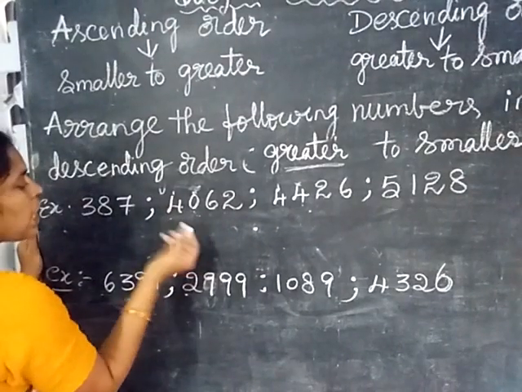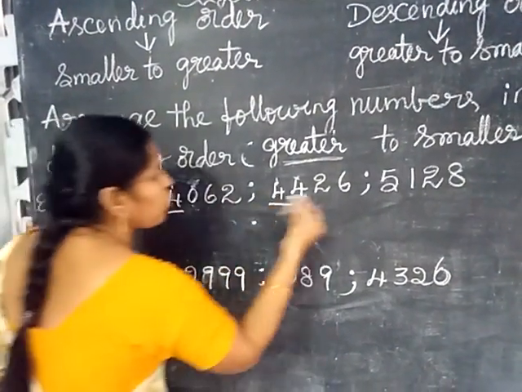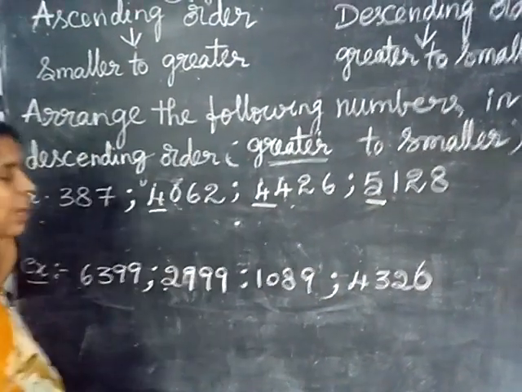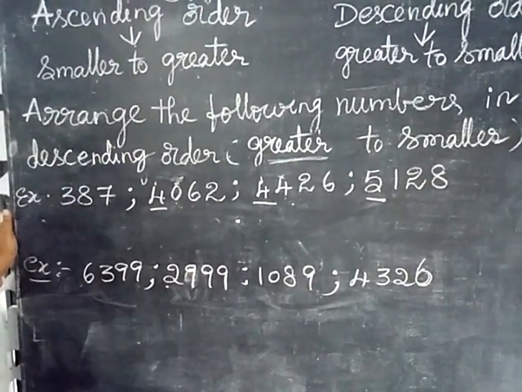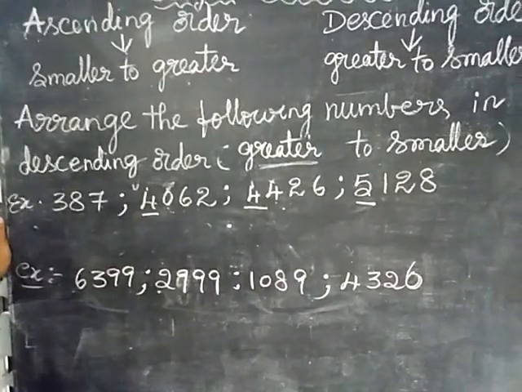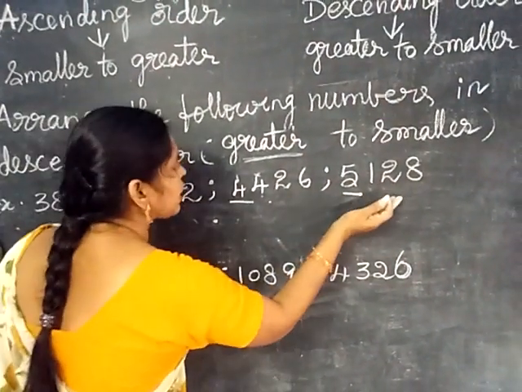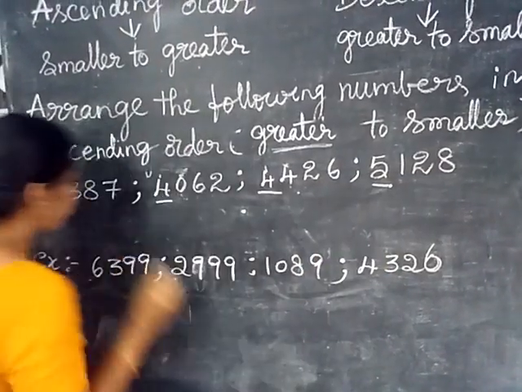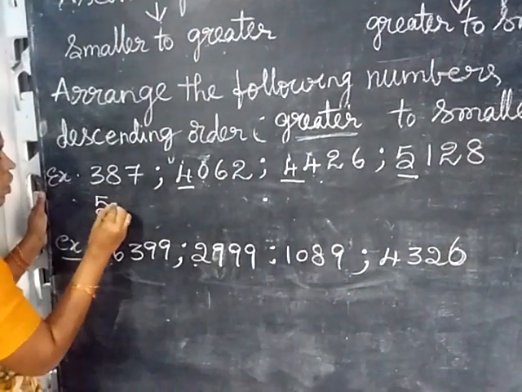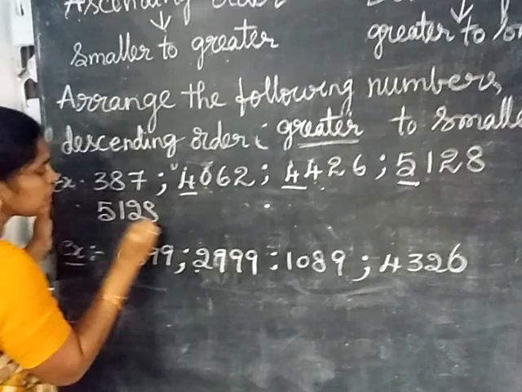In these 3, which is the greater? You have to check the leftmost number. Here 4 and here 3. Which is the greater? 5 is the greater. So that number is greater than the remaining numbers. 5128 is greater.